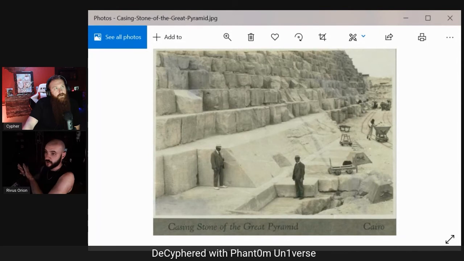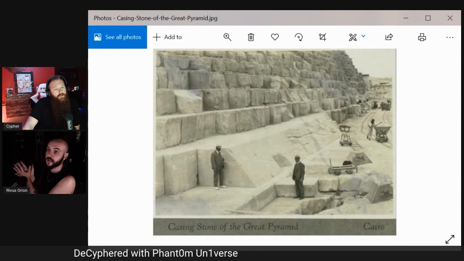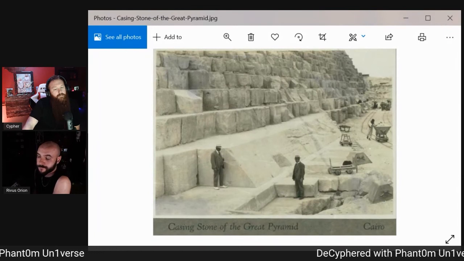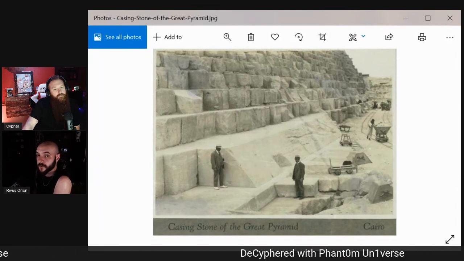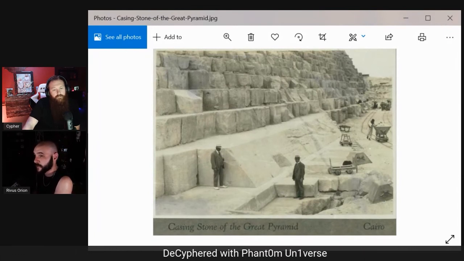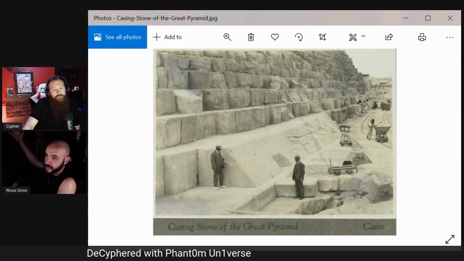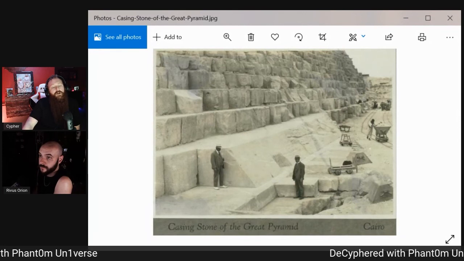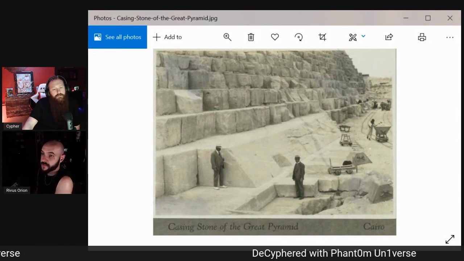Because before, it was so perfectly cut to each other that you literally couldn't put anything between the stones to budge them. Wow. Yeah, it's pretty impressive. But the only reason why these ones are preserved is because from all the rubble coming down the pyramid, they were buried. That's why we still have these specific casing stones.